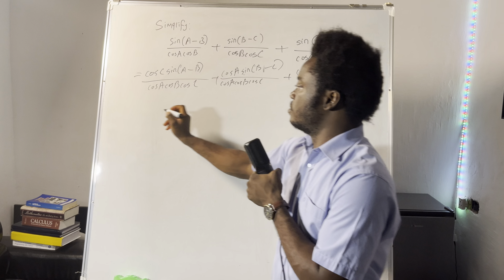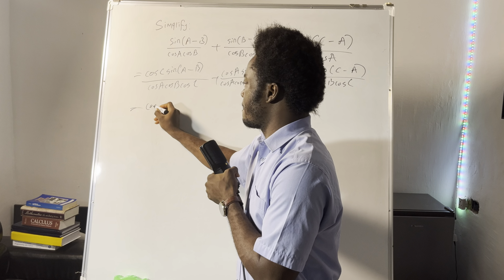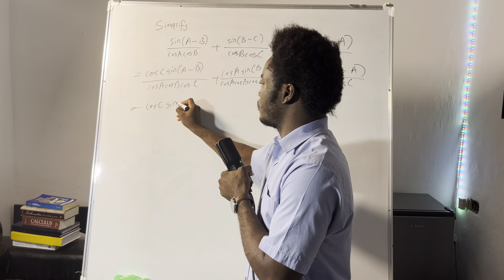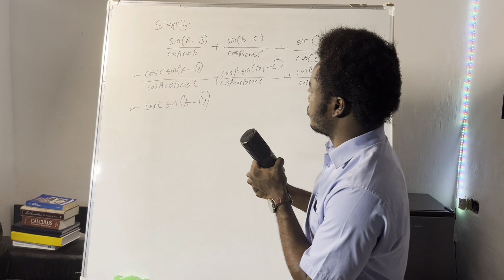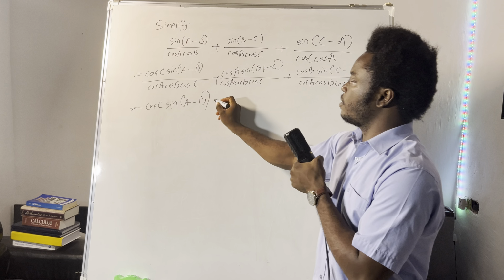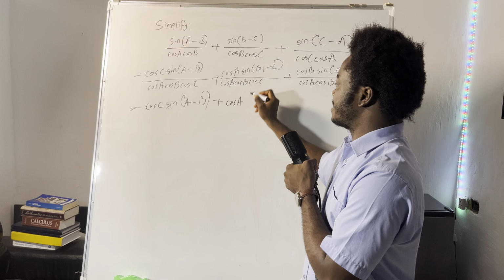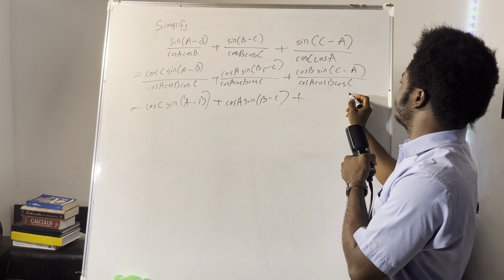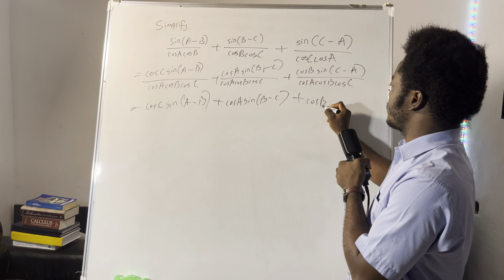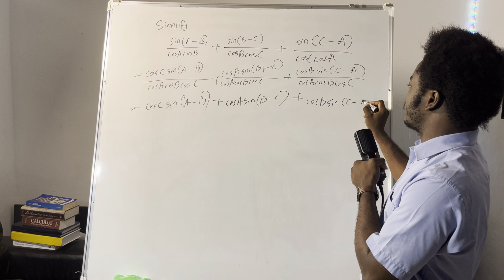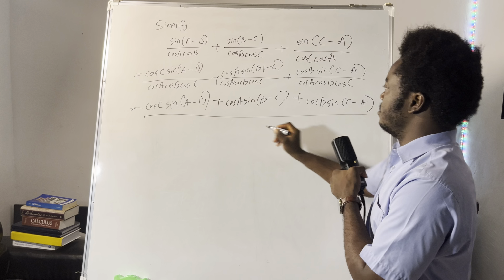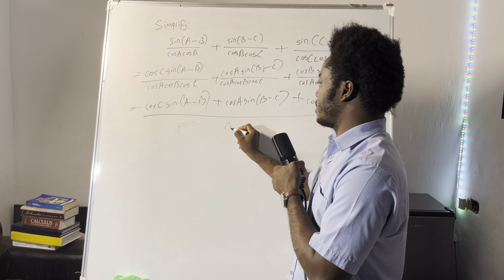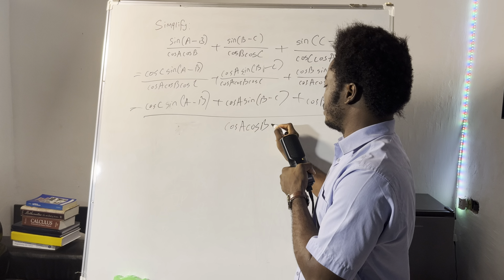So this would equal cosine C times sine of A minus B, plus cosine A times sine of B minus C, plus cosine B times sine of C minus A, all of them divided by cosine A, cosine B, and cosine C.